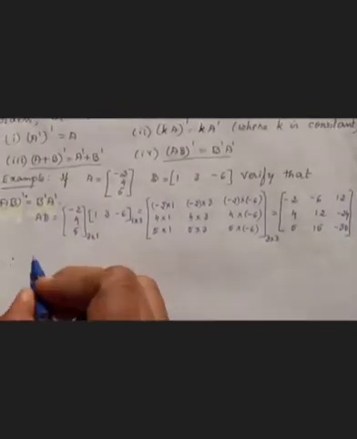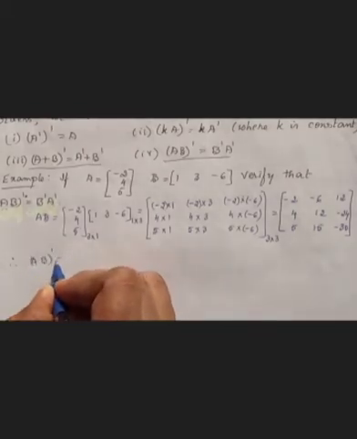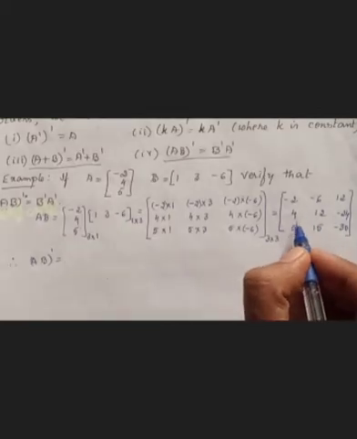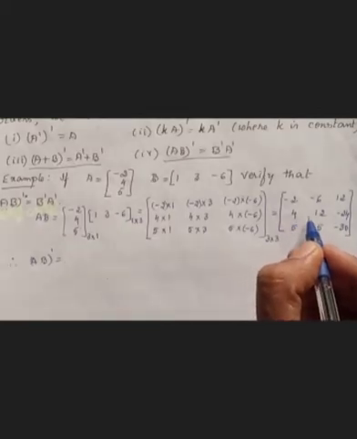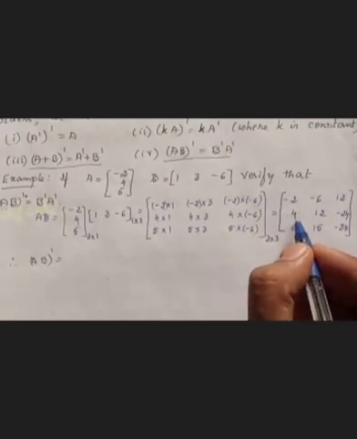What we want on the left-hand side is (AB)'. Therefore, what is (AB)'? It means interchange the rows and columns of this matrix AB.